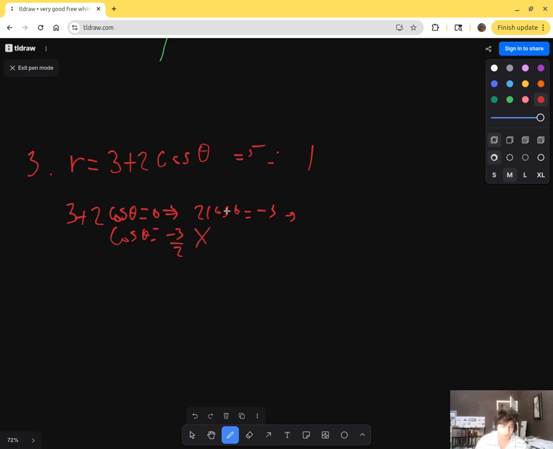So it doesn't touch the origin. So now let's plug in the points 0, pi over 2, pi, 3 pi over 2. So at 0, we have 5. We have 5, 0.